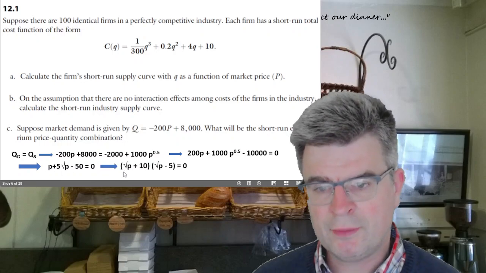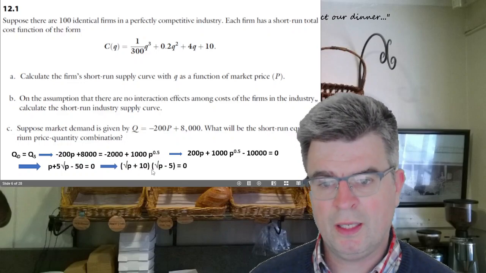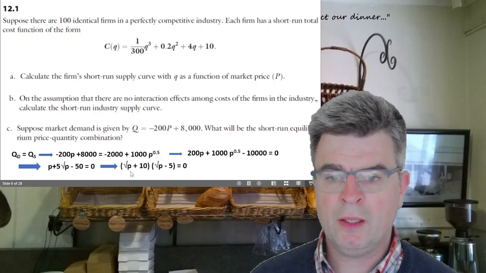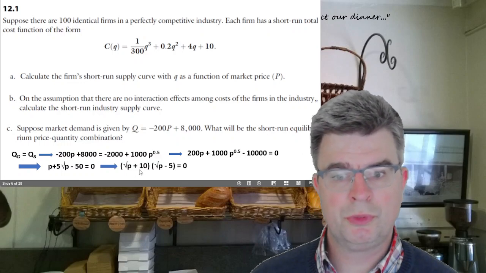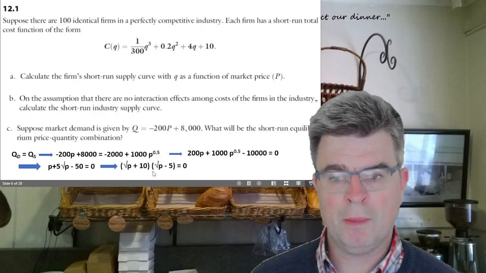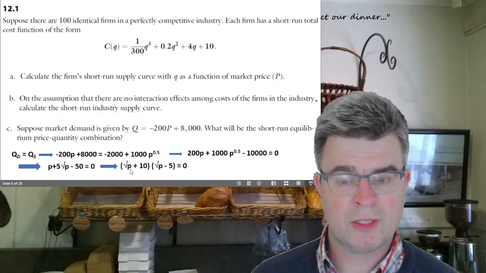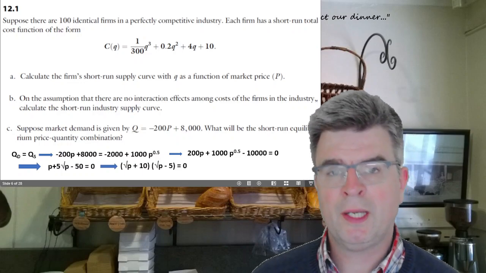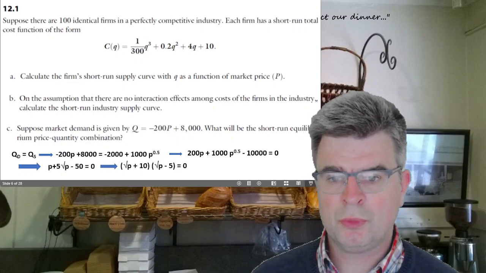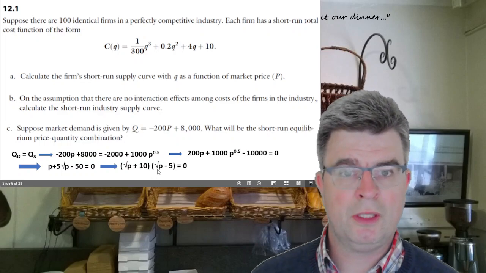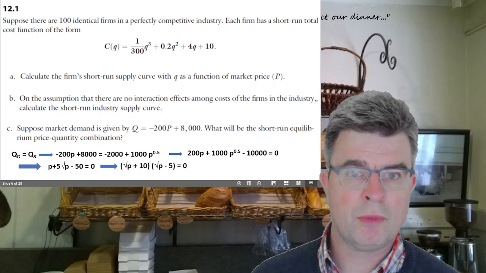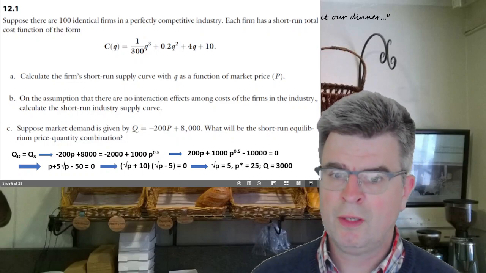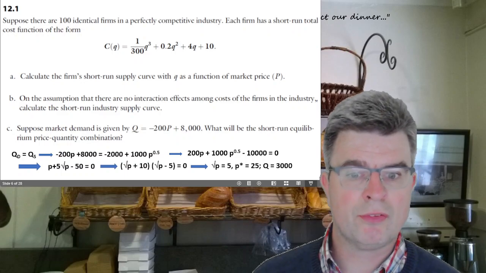So we can rewrite it as the product of these two terms, and we arrive at two possible solutions. So the square root of p should be equal to minus 10, which cannot be the case because the square root always needs to be non-negative. So the only solution that is possible is the equilibrium where the square root of the price is equal to 5. And if the square root of a price is equal to 5, the price must be equal to 25.